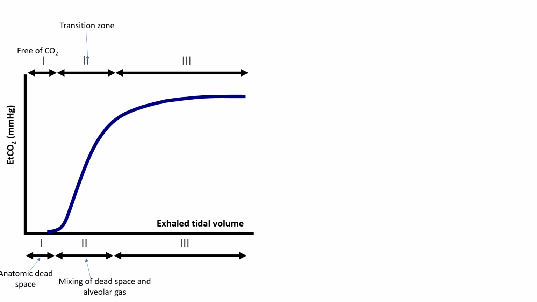By phase 3, most of the exhaled gas is coming from the alveoli. The CO2 concentration stabilizes, producing a relatively flat or slightly rising plateau. This portion of the curve represents uniform alveolar ventilation and is used to determine the end-tidal CO2.